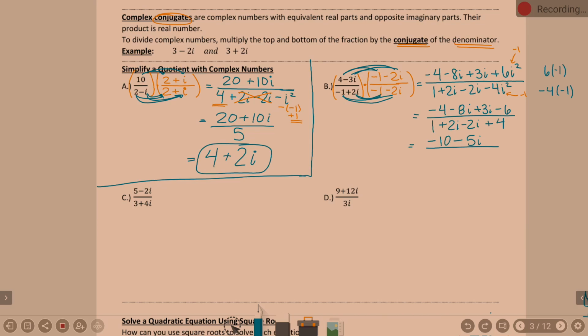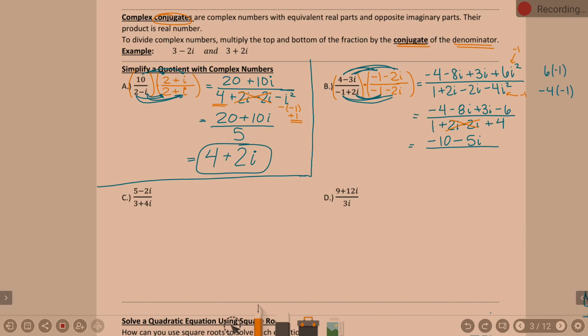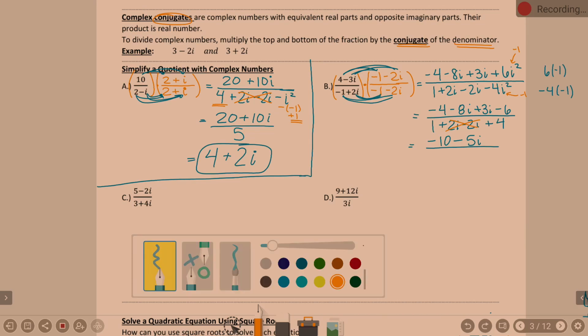Okay, what about the denominator? If you've done this correctly, your i's should cancel. The middle terms should cancel. So 2i's are gone, and we're left with 1 plus 4, which is 5.